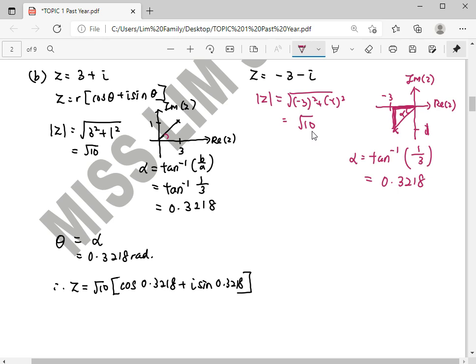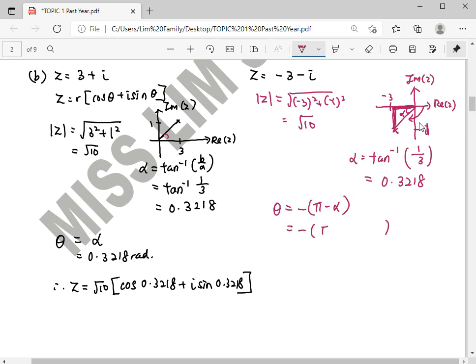When we come to the argument theta, theta dia adalah kira daripada sini ke sini. So theta is pi minus alpha in the opposite direction, means there has to be a negative answer.